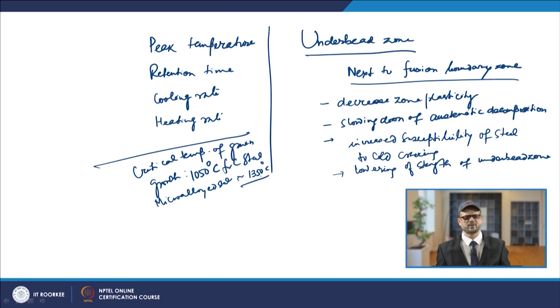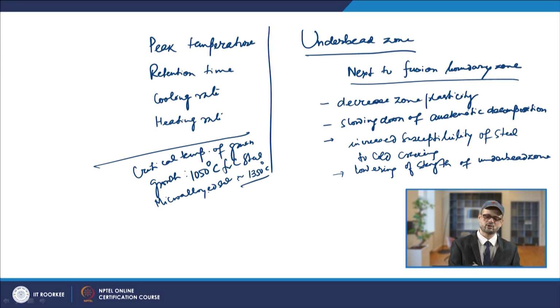So when the critical temperature of grain growth is higher, the grain growth will be somewhat smaller, because the range of temperature going above that critical temperature will be smaller in these cases.